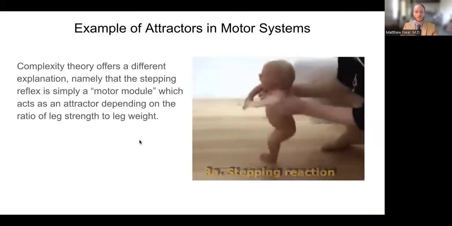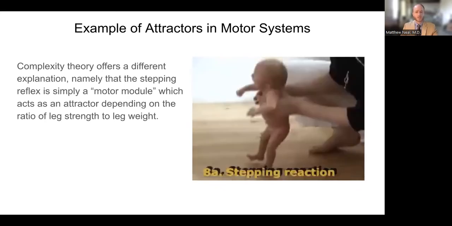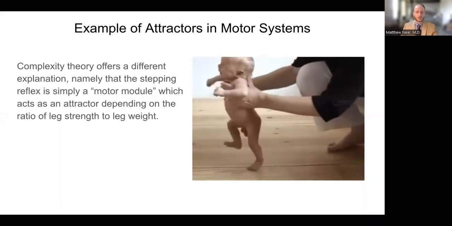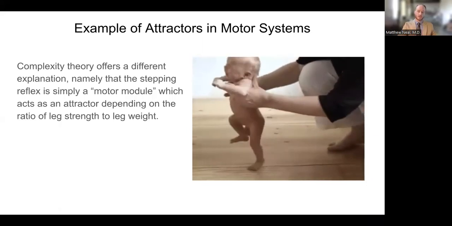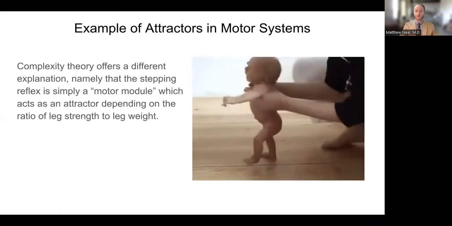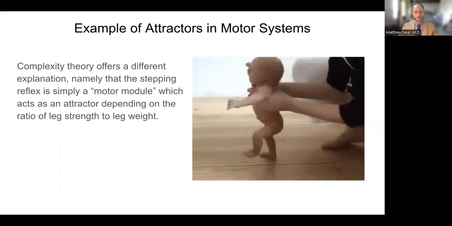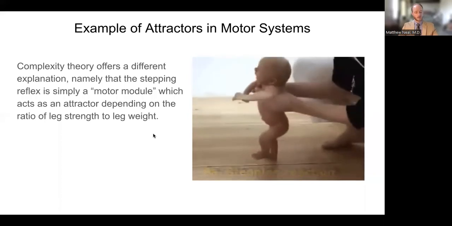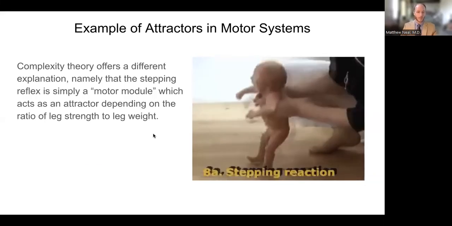It's not necessarily something that we are doing consciously, but it does act as an attractor system for motor behavior. And these investigators found that the control parameters, just like in the previous finger tapping example, that would be coupling, right, between the fingers. Here, the control parameter they found was the ratio of leg strength to leg weight, which determined whether or not the system moved into this stepping motor module.